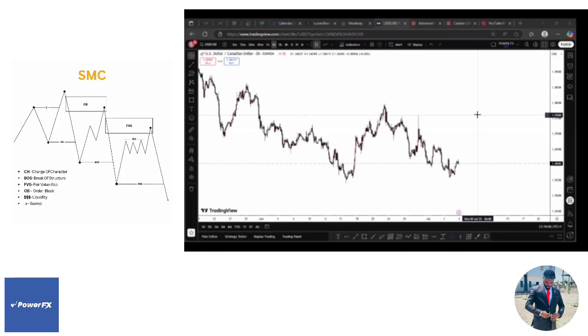The market is going to break structure. The market is going to do this change of character when it gets to my demand or my supply zone, before it starts going all the way to the upside, maybe from the lower time frame, like most of you guys do.